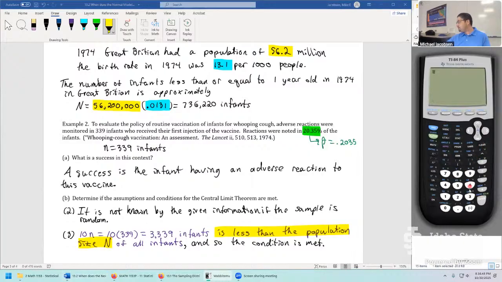Go 339, divide by the actual population size, which means you need a number at that point. So divide by 736,220 times 100, so it's a percentage. It comes out at 0.04 of 1%.